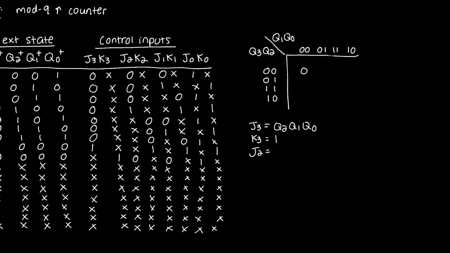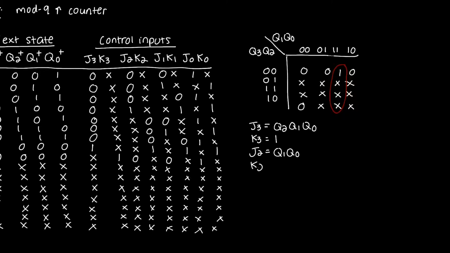So 0, 0, 0, 1, X, X, X, X, 0, X, X, X, and X, X, X, X. The rest are don't cares. So how can I simplify? I can simplify this column over here, and that gives me J2 equal to Q1, Q0.